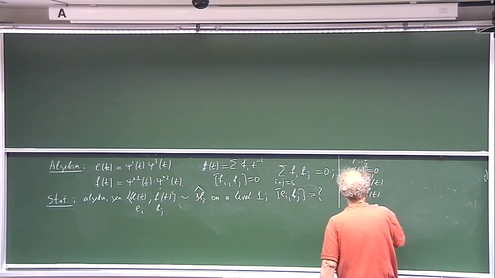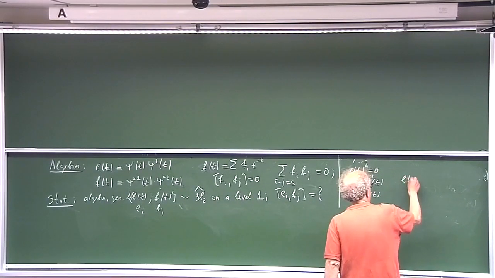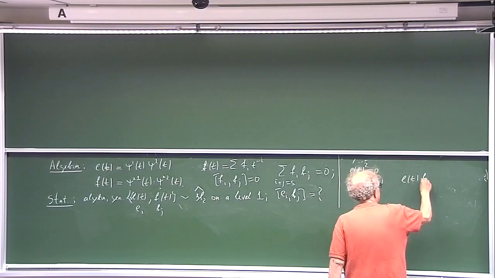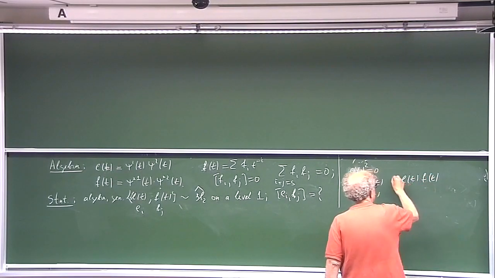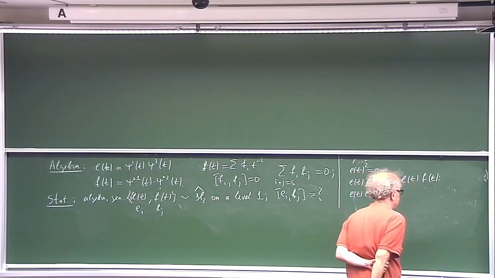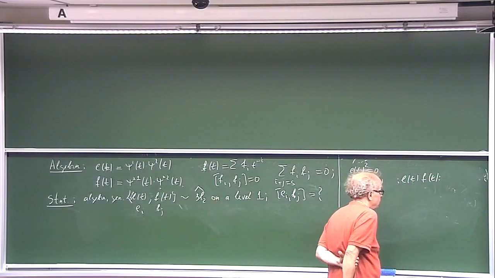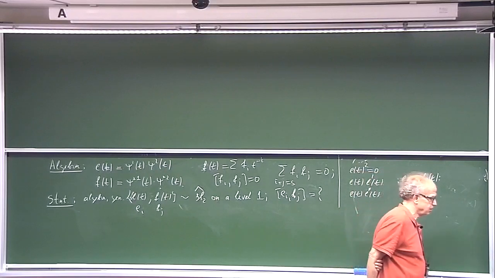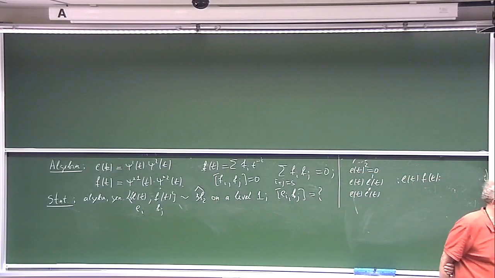But at least now we see that we have an object like E(t) times F(t), for example. And the two dots mean that the corresponding correlation function has a pole, but we can take non-trivial.